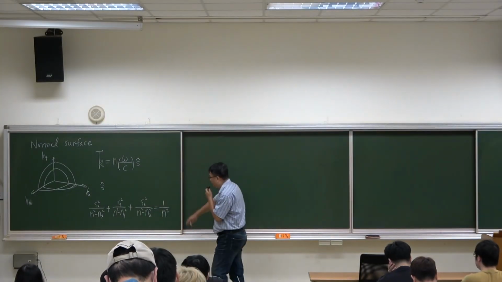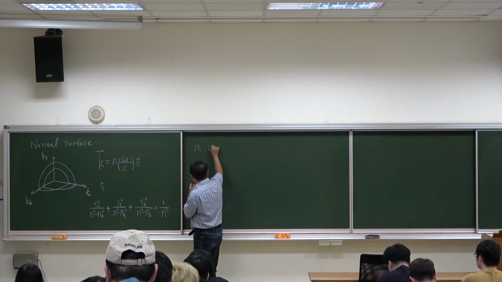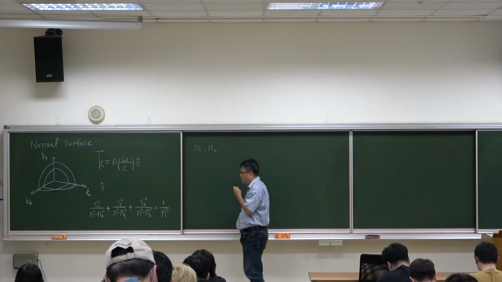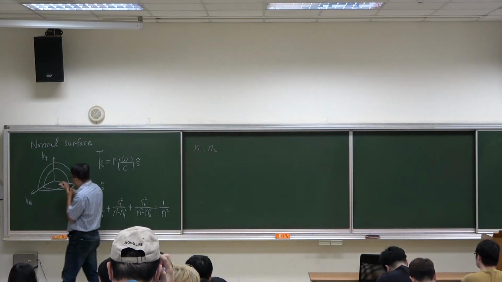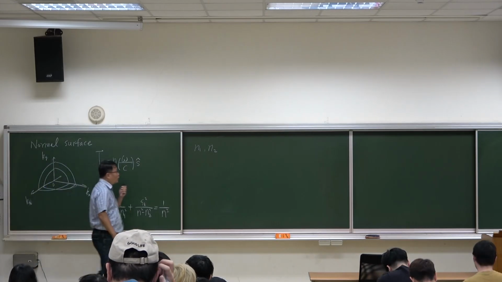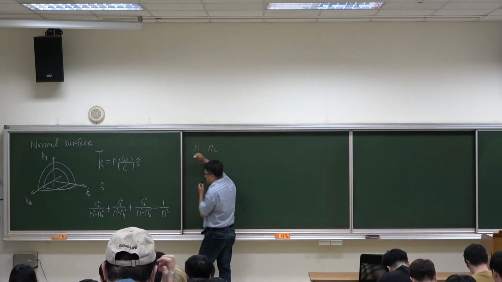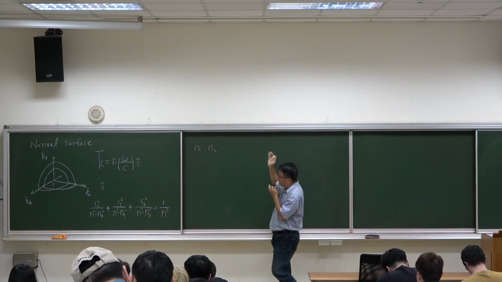You solve this equation, then you get two possible refractive indices. This means that for a given propagation direction, there are two different refractive indices corresponding to this propagation direction.